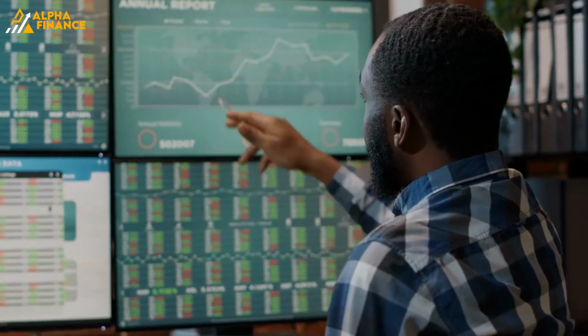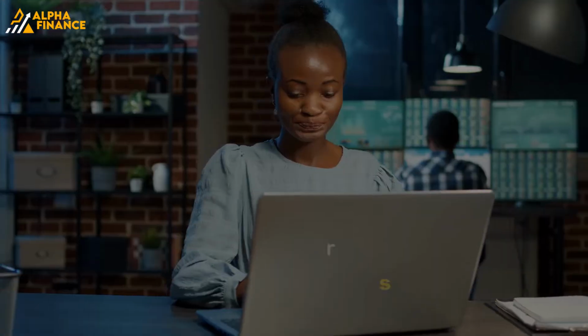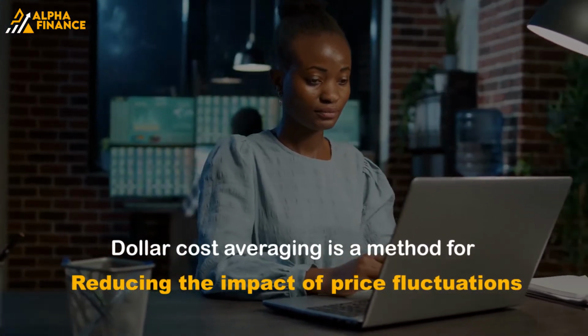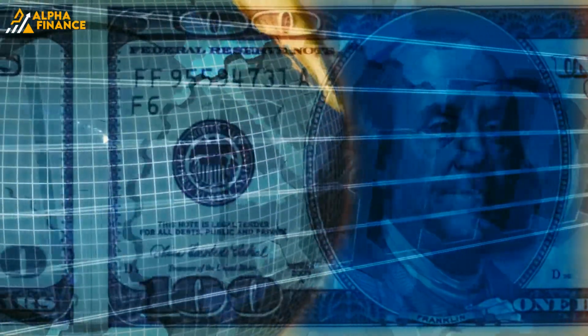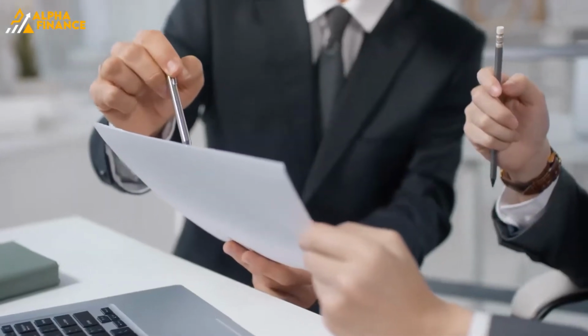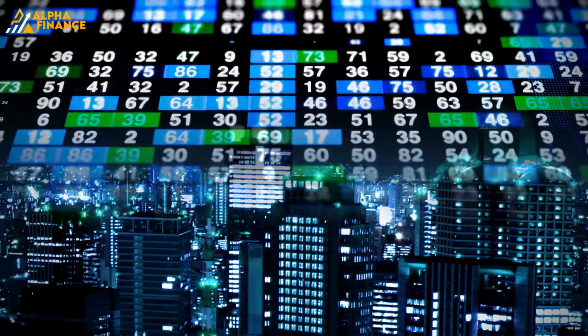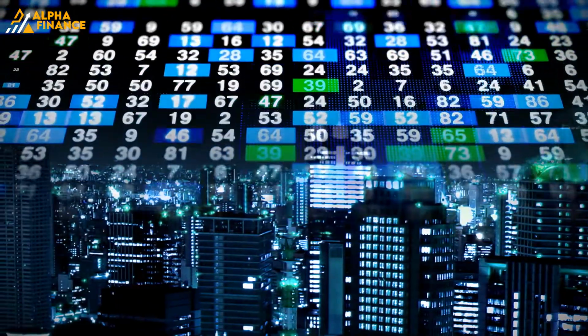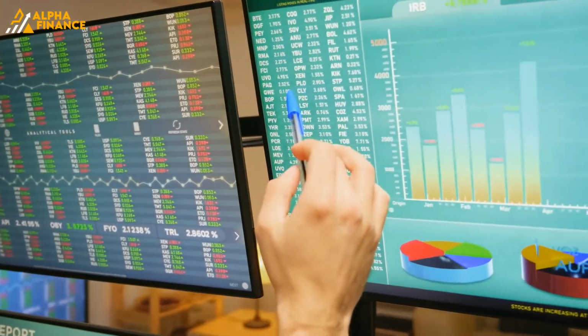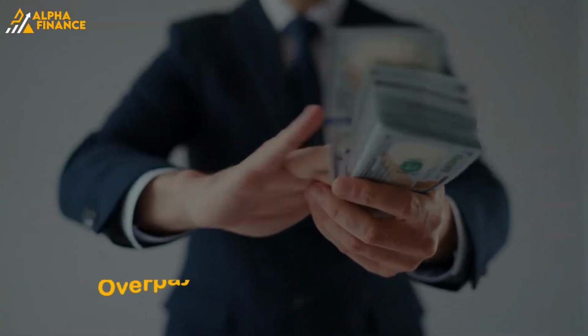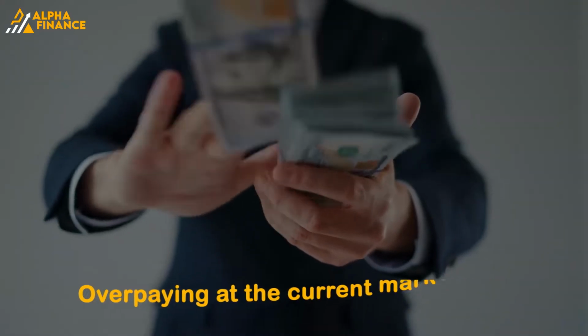When investing in stocks, ETFs, or mutual funds, dollar cost averaging is a method for reducing the impact of price fluctuations. Dollar cost averaging is a strategy wherein an investor spreads out their investment in a given asset by acquiring smaller amounts of that security over a longer period of time, rather than making a single large investment at a single, higher price. This lessens the possibility of overpaying at the current market price.